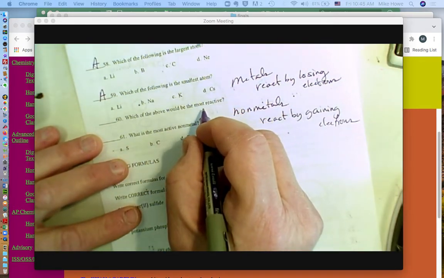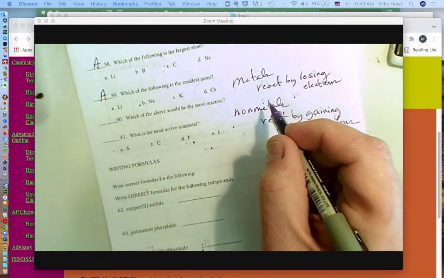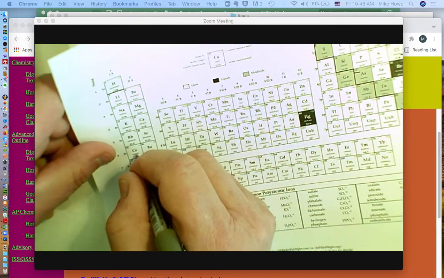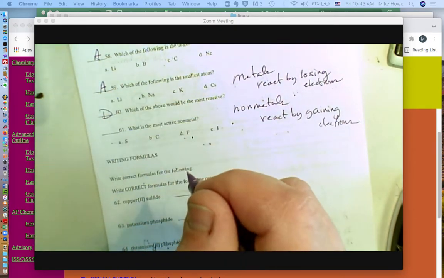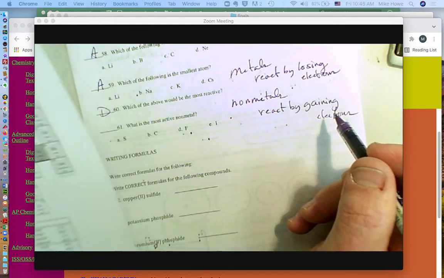So the most reactive metal, the big ones would lose easier. So the biggest one is the most reactive as a metal. Cesium was the one furthest down, that would be the biggest one. So that's D.